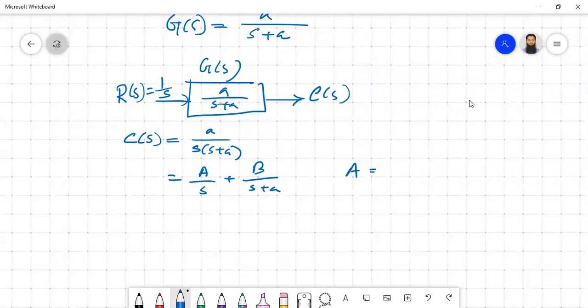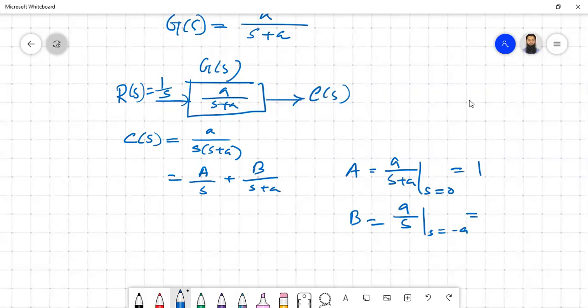A is a by (s plus a) with s set equal to 0, so a by a is 1. And B is a by s with s tending to minus a, so a by minus a is minus 1. So what we have here is 1 by s minus 1 by (s plus a).